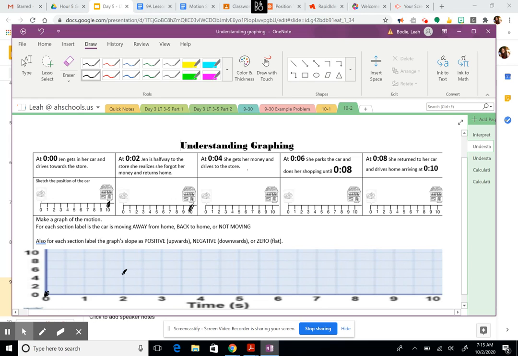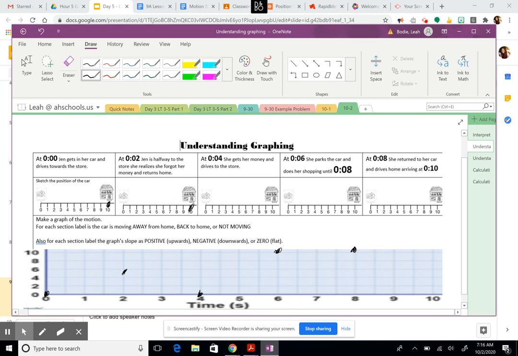And now at 4 seconds, she gets her money and she drives to the store. So at 4 seconds, she got home and got her money, so we're back to a position of 0. Now at 6 seconds, she parks her car and does her shopping. So at 6, she made it to the store. She's over here at the store at 10 meters. She does her shopping for 2 seconds, so that means no motion is occurring.